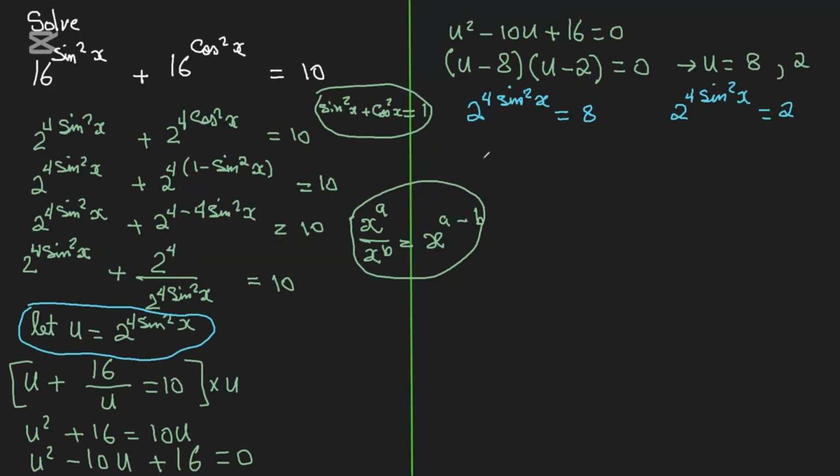We're going to solve this. So I'm just going to keep this the same and change the 8 to 2 to the power of 3. That allows me to cancel the bases. And I have 4 sine squared x equals 3. Divide both sides by 4. By 4, I got sine squared x equals 3 over 4.